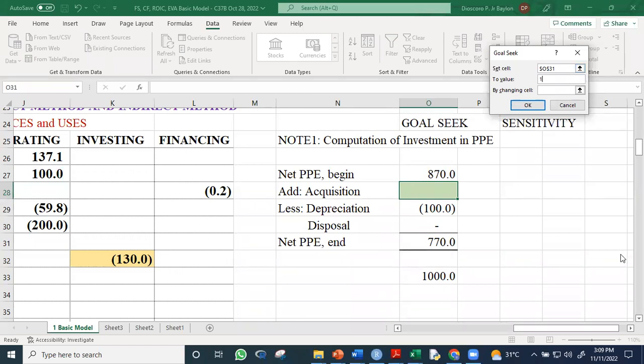We should type that. Set it to 1,000. Yes, correct. Thank you. Set net PPE to 1,000 by changing what cell, class? Obviously, it should be, yes, correct, acquisition.